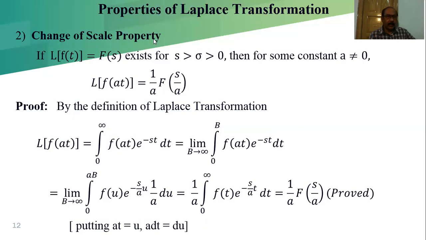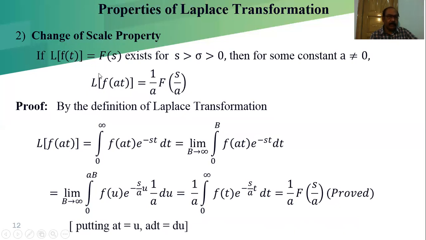Change of scale property. If the Laplace transformation of f(t) equals F(s) exists for some s greater than sigma, sigma greater than 0, then for some constant a not equal to 0, we can write: change of scale means that time t is multiplied by a.